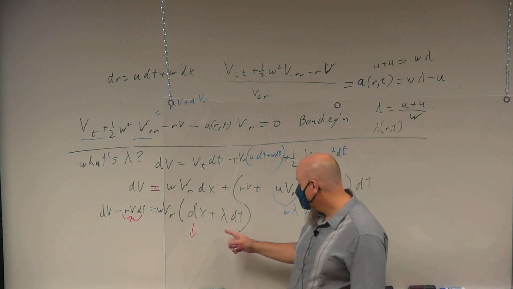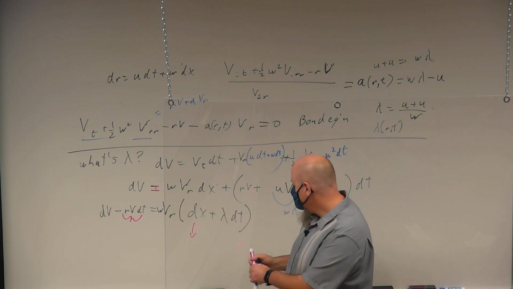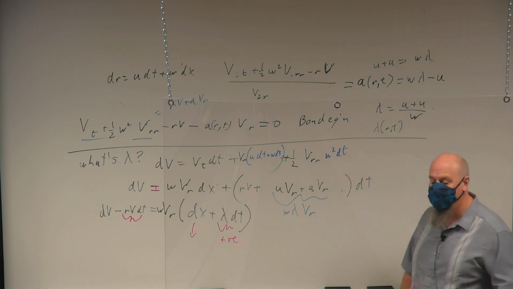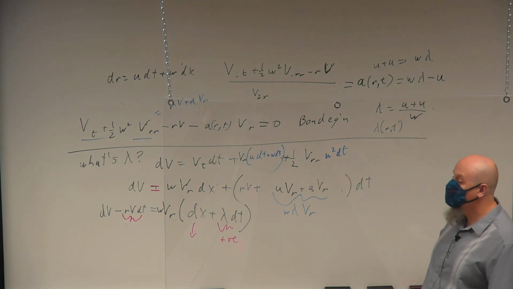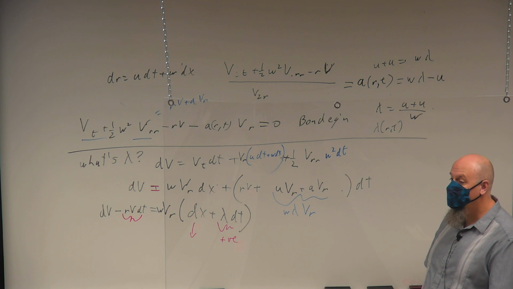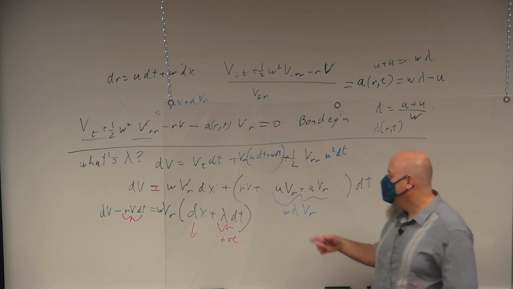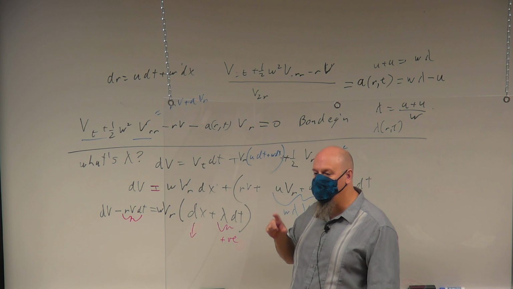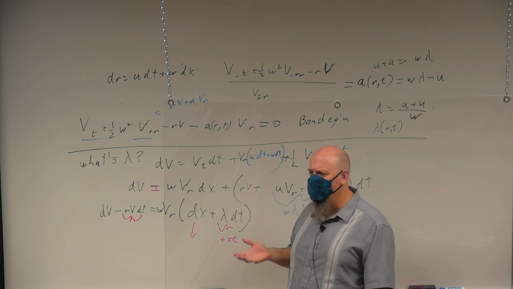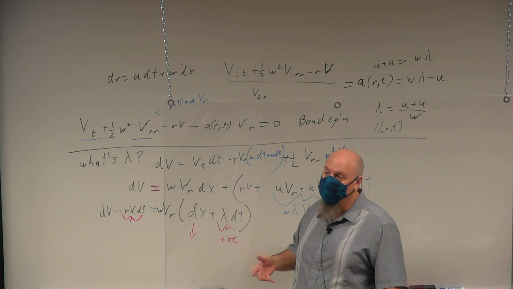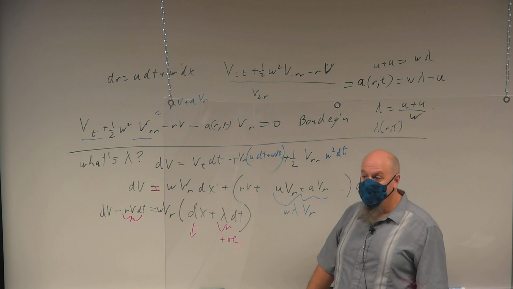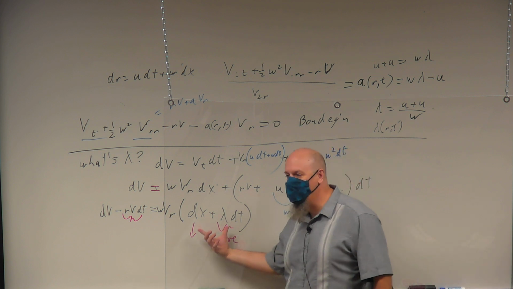But this is positive. So lambda, imagine that I want to see for this little time step dt, should I have just invested my money or should I have bought the bond? Well, the answer to buy the bond or invest the money is whether this piece is positive or negative, which depends on whether this bracket is positive or negative.